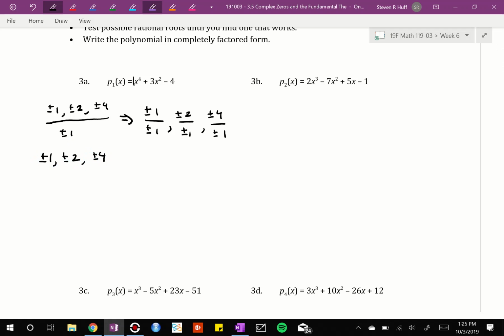Now, if you were to use a calculator, you would just substitute these in until you got the ones that worked. Or you could use a graph or look at Desmos.